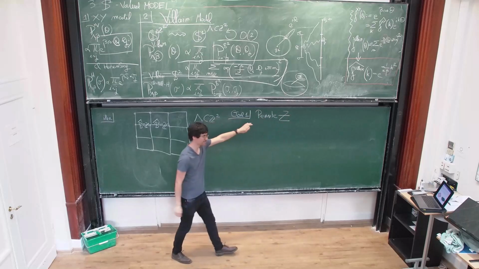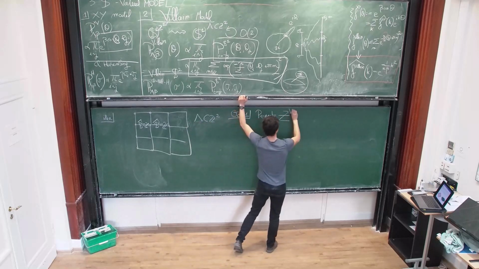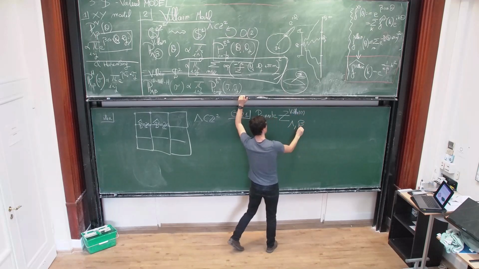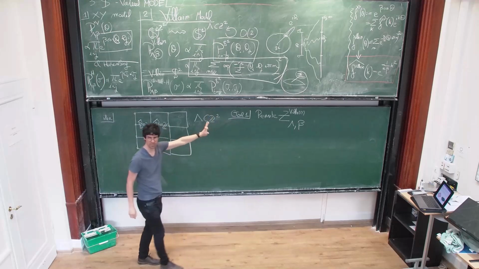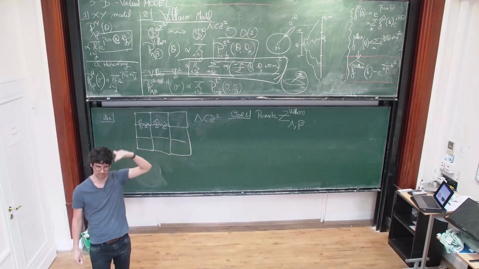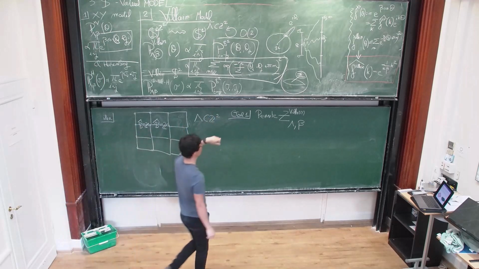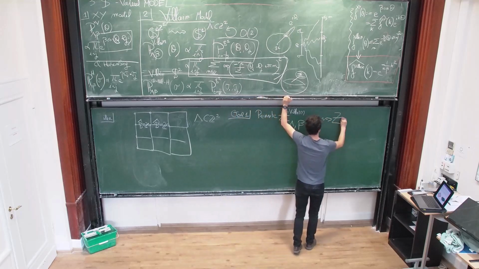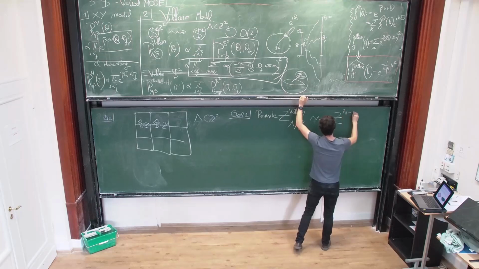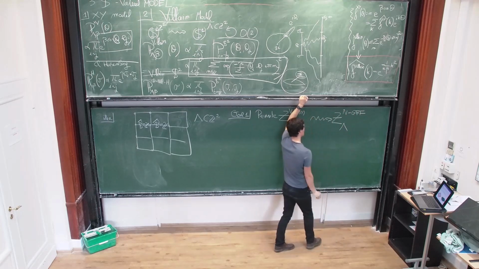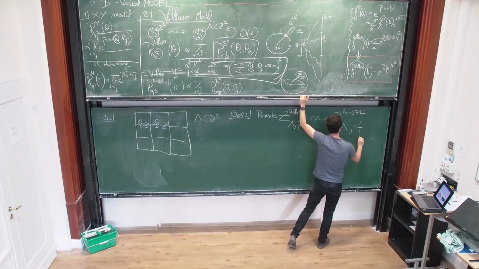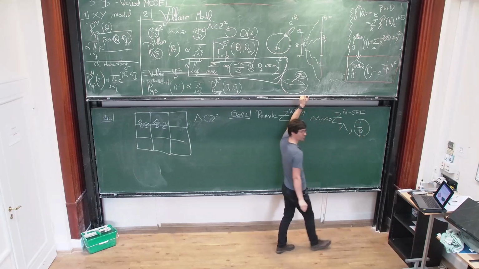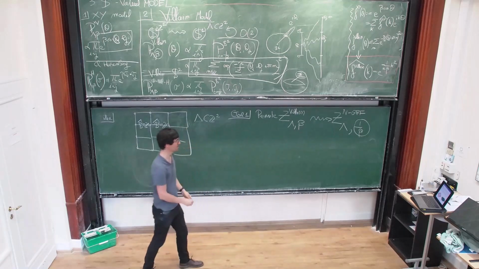I will recall what this is, Z Villain on this finite box lambda in Z2, but the rewriting will not care about the dimension. This will be important later. I want to rewrite it in terms of Z integer-valued GFF, which I will define in a second. It will live on lambda at inverse temperature 1 over beta. So this will be important, as I emphasize later.